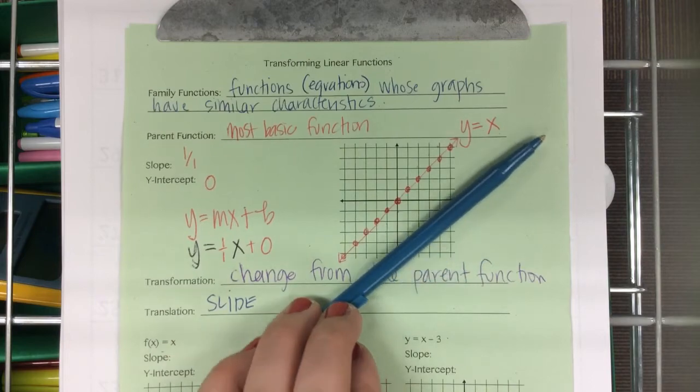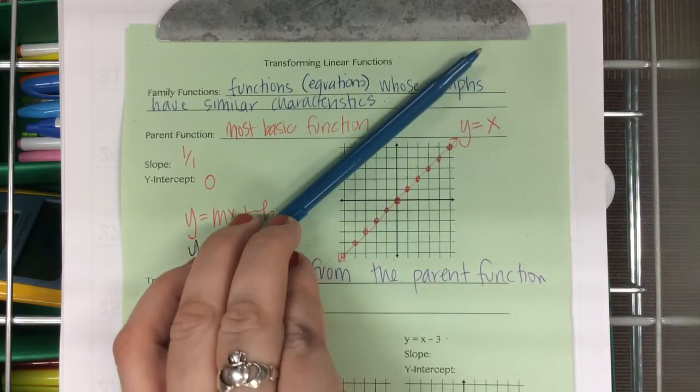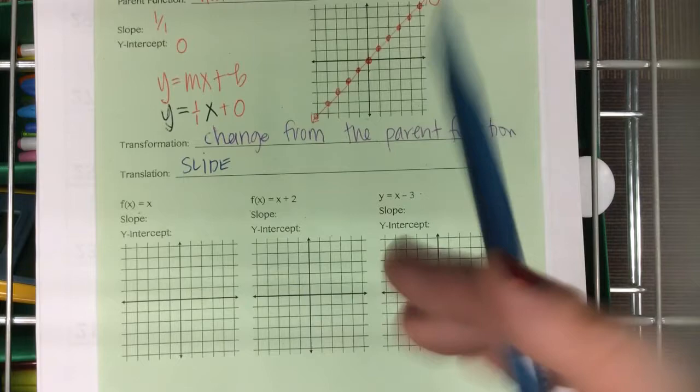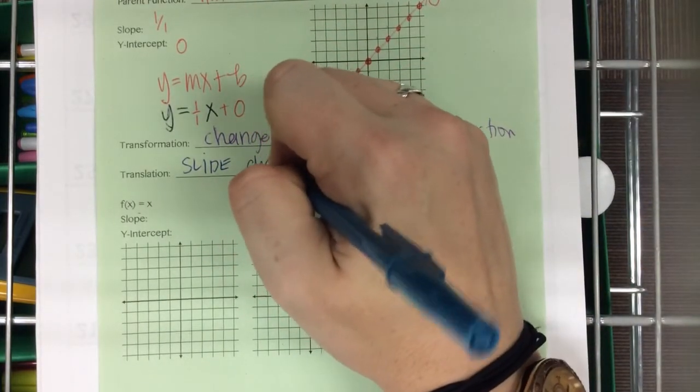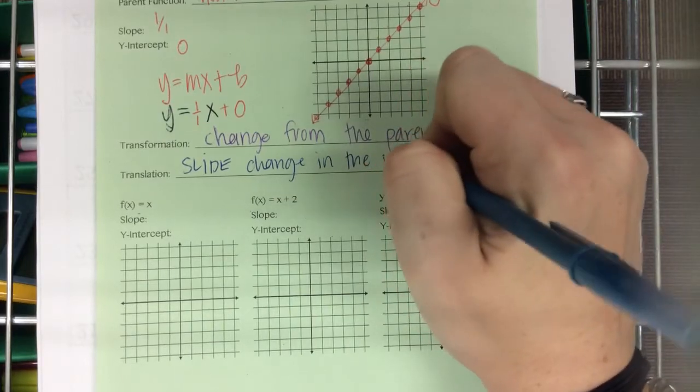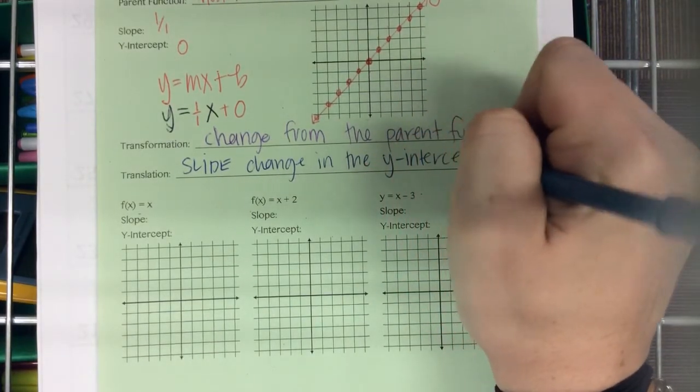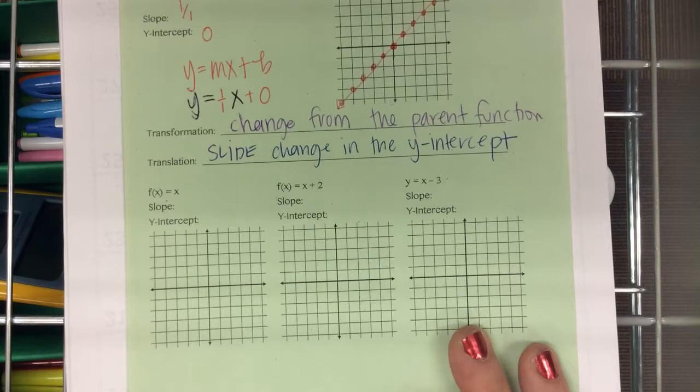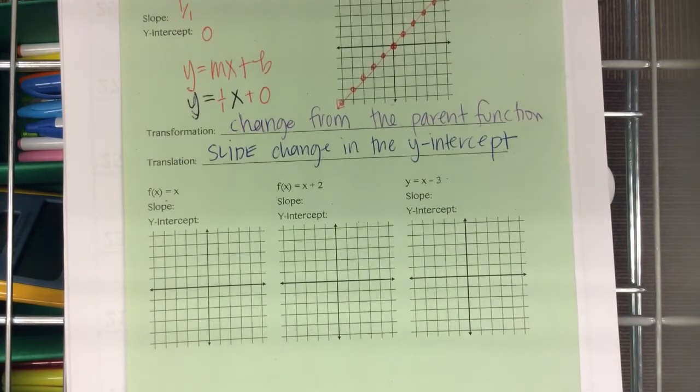The slope isn't changing. What's changing if I'm sliding it? The y-intercept. It's a change in the y-intercept.